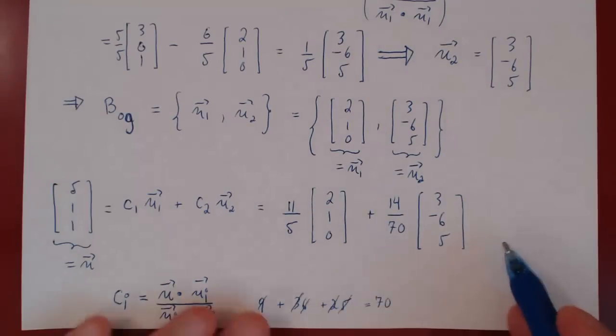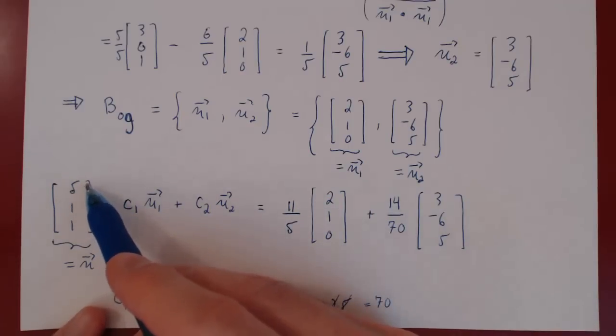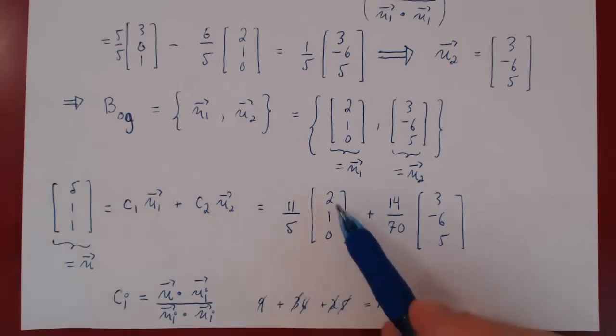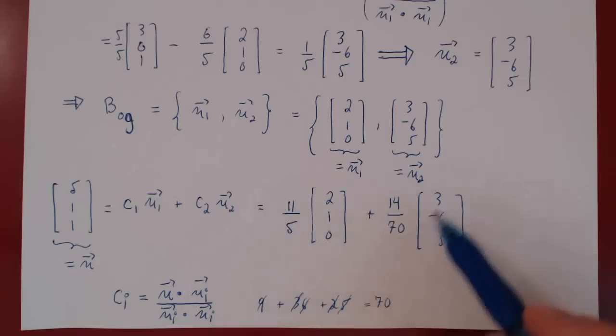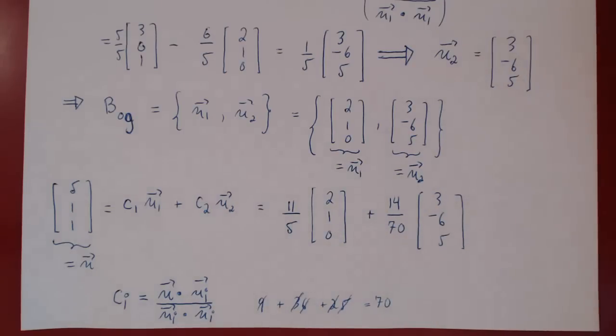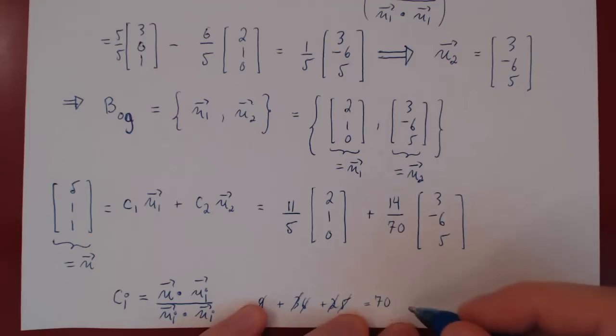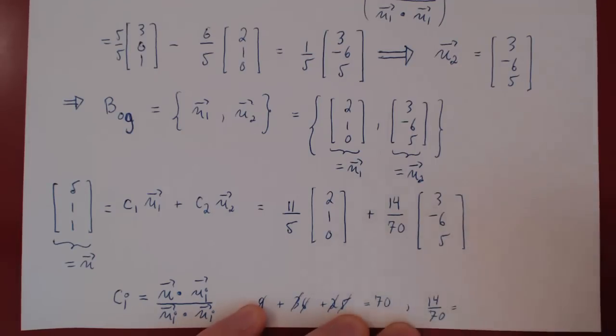And you have your linear combination. The point on the plane, or the vector (5, 1, 1), is 11 over 5 u1 plus 14 over 70 u2. Well, we can simplify a bit, because 14 over 70, well, we can cancel a factor of 7, right? 14 is 7 times 2. 70 is 7 times 10, so we're left with 2 over 10.